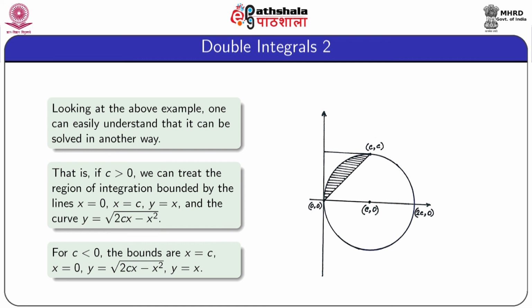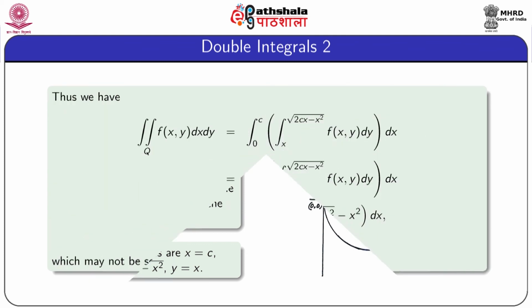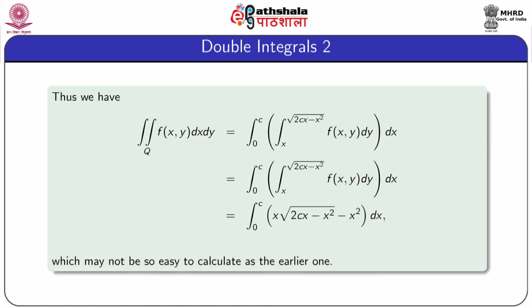For c less than 0, the bounds are x equal to c, x equal to 0, y equal to square root of 2cx minus x square, and y equal to x. Thus, we have the integral over Q of f(x,y) dx dy equals the integral from 0 to c of x root over 2cx minus x square dx, which may not be so easy to calculate as the earlier one.